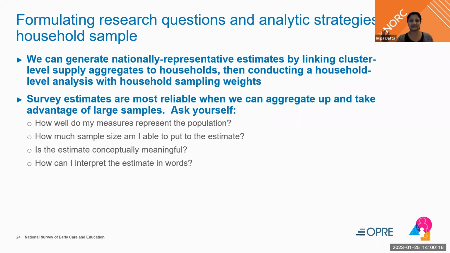And then finally, how can I convey the estimate? We find often that using the provider clusters, the sentences are long because we're saying things like publicly funded centers located in communities with high proportions of privately funded care or something like that. And that can matter when clarity of interpretation is important, which it usually is.